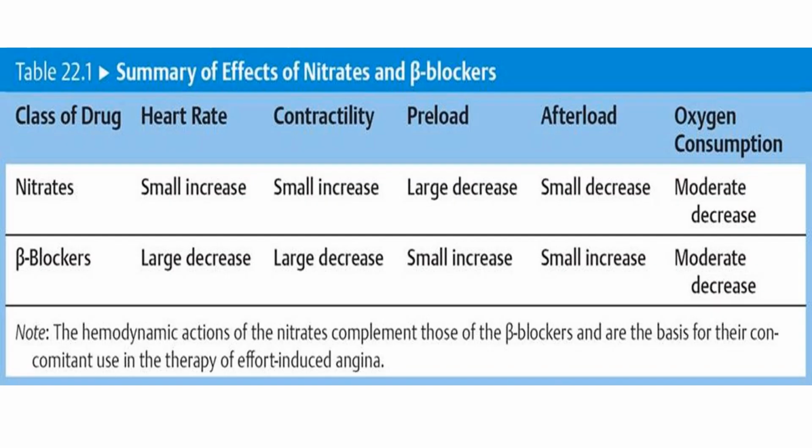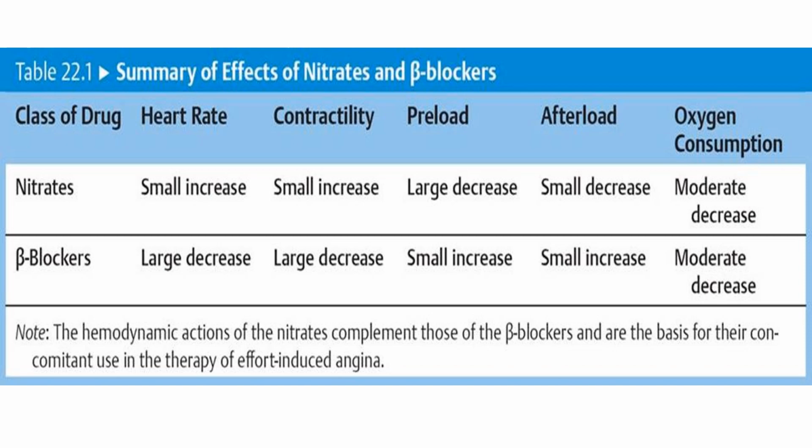Now, here you can see the comparisons. Start looking from the nitrates. If heart rate is increasing, the beta blocker is causing a decrease. If the contractility is increasing, the beta blocker is decreasing the contractility.